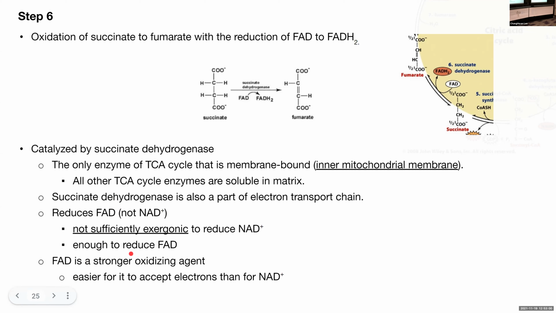And that is telling that FAD requires less energy for its reduction, right? And that is because FAD is a stronger oxidizing agent. So it's easier for this FAD to accept electrons to become FADH2 instead of NAD plus is reduced.